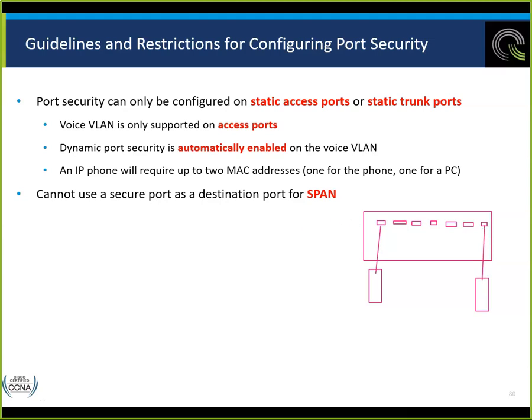What a SPAN port, or switch port analyzer, does is sniff. I can configure this as me with my sniffer, my Wireshark, and this is the bad guy, the suspect employee. We think something bad is going on here, or we just want to watch certain traffic.